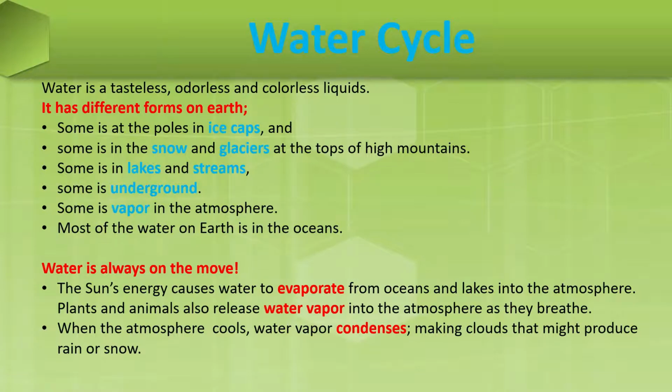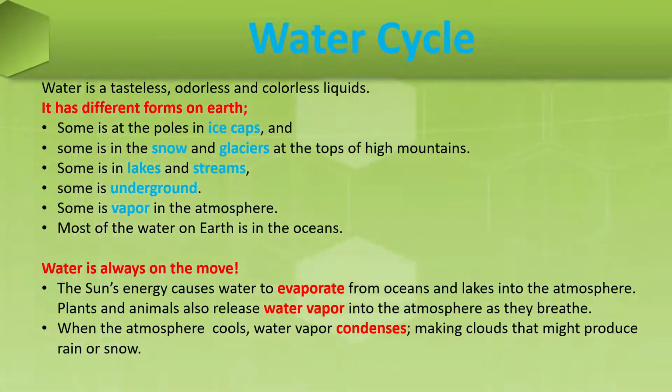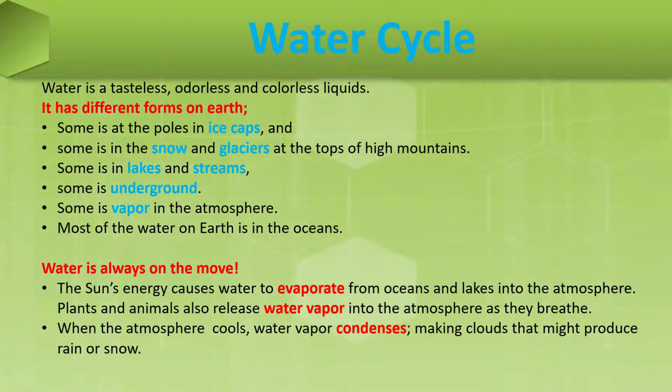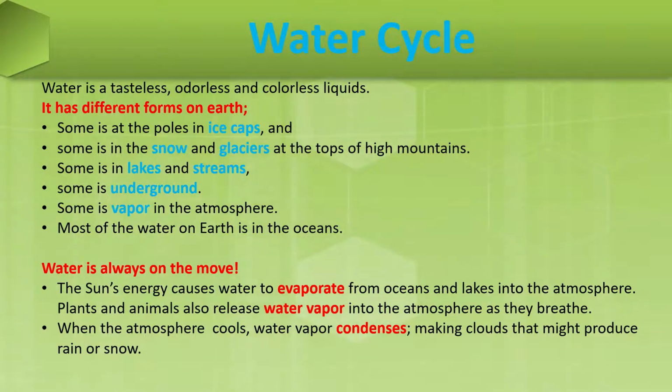When the atmosphere cools, the water vapor which evaporated before condenses. Condensation means the water changes from the gas form, which is water vapor, into a liquid form again, making clouds that might produce rain, or if it is colder, change into snow and come back to the earth's surface.